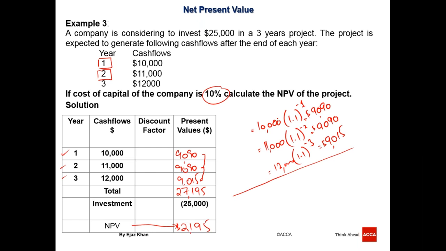As you all know, we calculated the present value of 9,090 by multiplying 10,000 with 1.1 raised to the power minus 1.